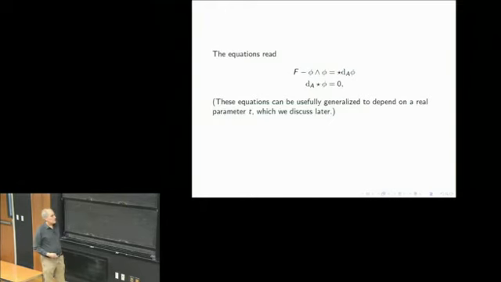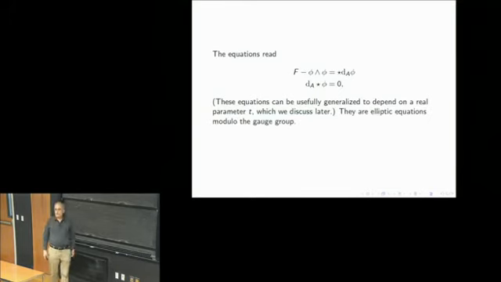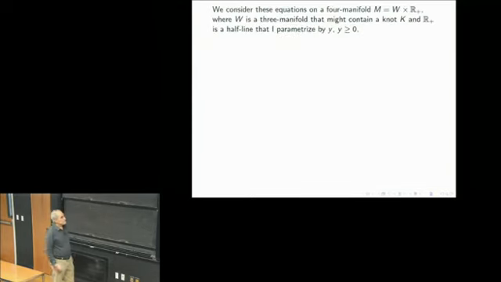They can be generalized to depend on a real parameter t, but we'll only get to that later. And they're elliptic equations modulo the gauge group, so it makes sense to try to count their solutions. We'll consider these equations in general in any 4-manifold, but for the application to knots, the 4-manifold will usually be W times R plus, where W is a 3-manifold that might contain a knot, and R plus is a half-line.